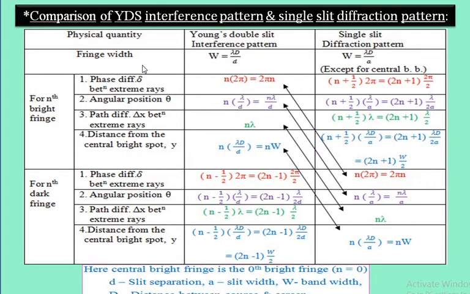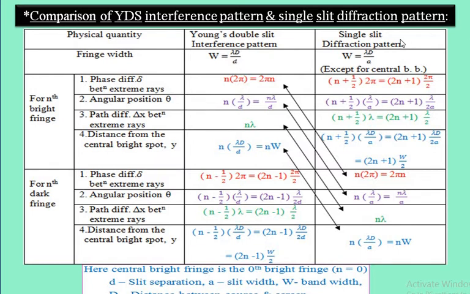Here the fringe width for the Young's double slit interference pattern is given by W is equal to lambda D divided by small d. Here W is the fringe width, lambda is the wavelength of light, capital D is the distance between source and screen, and small d is the distance between the two coherent sources.